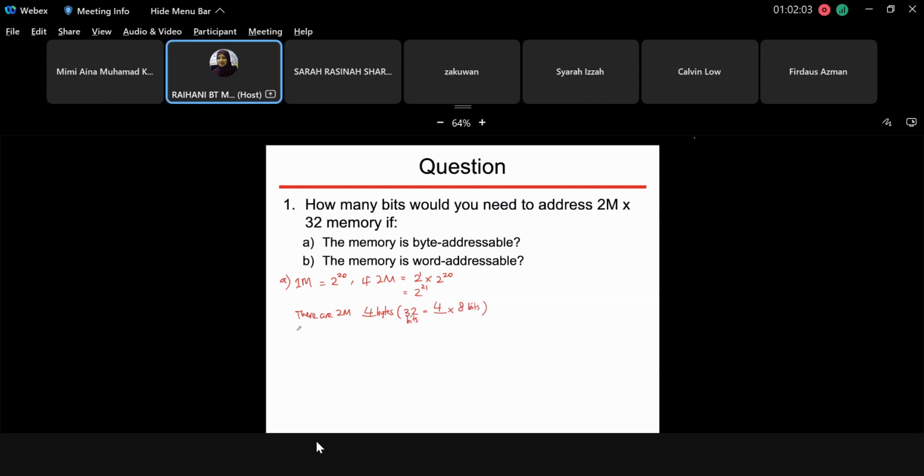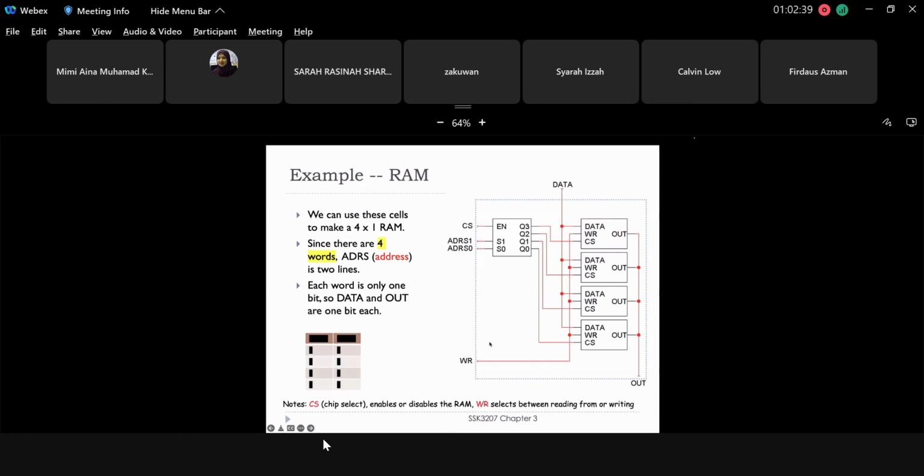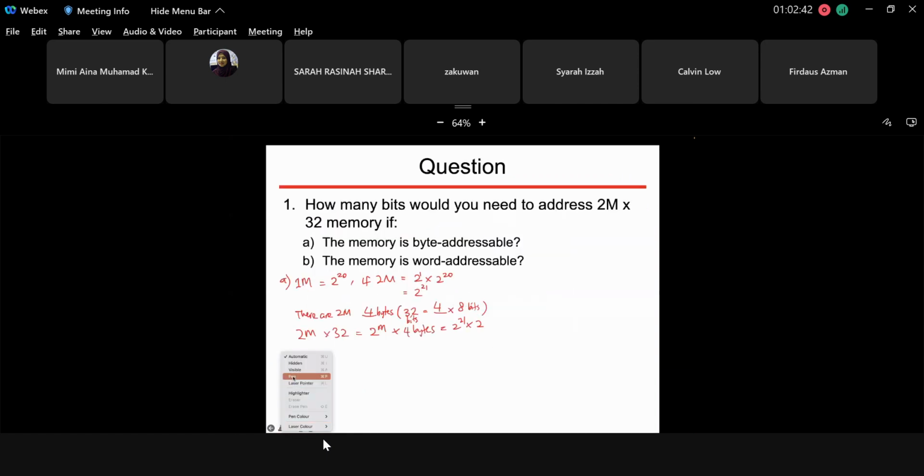Okay, so now 2 million times 32, come back here, 2 million times 4 bytes equal to 2 to the power of 21 times 2 to the power of 2. So that's why you get 2 to the power of 23.